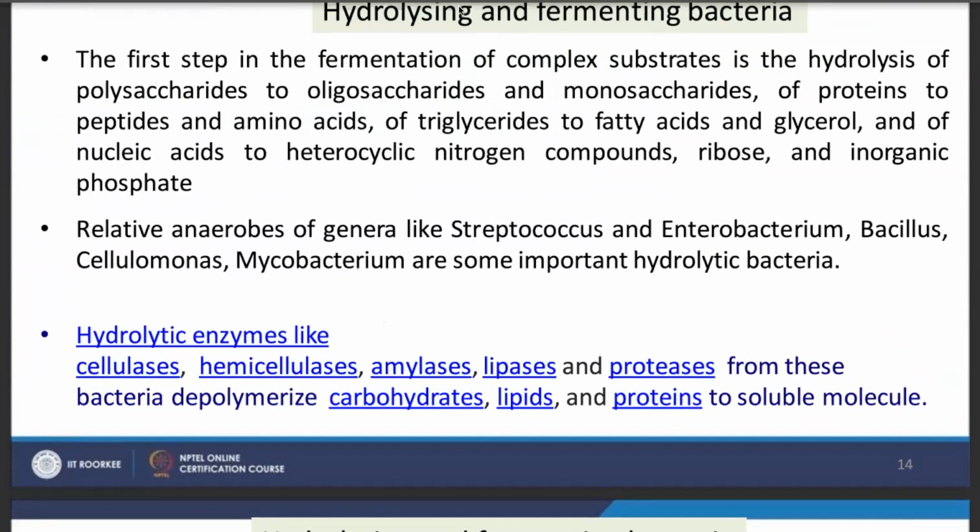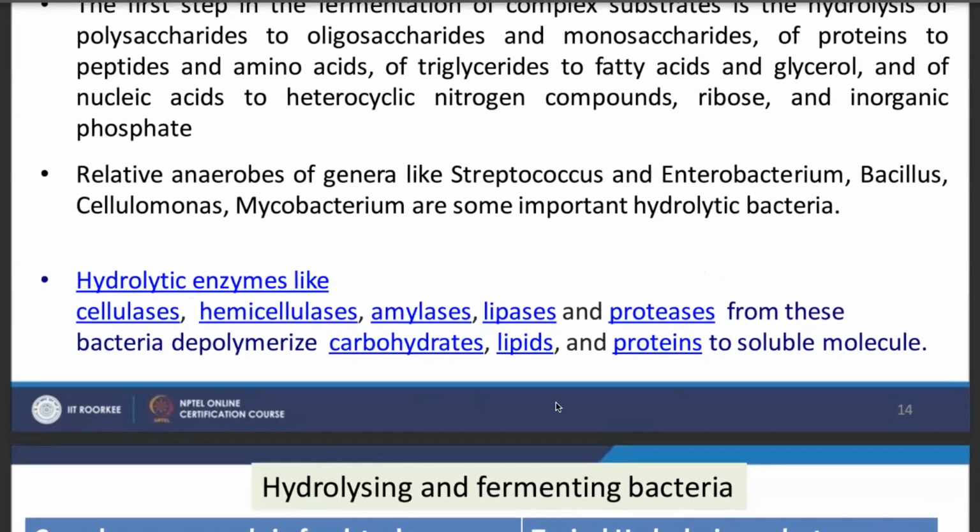And some of the enzymes at this hydrolyzing step are cellulases, which will digest cellulose, hemicellulases, which will digest hemicellulose, amylases, which will digest starch, lipases, which will digest fat, and proteases, which will digest protein, right? As you can see here.